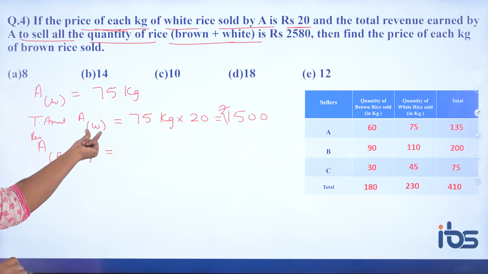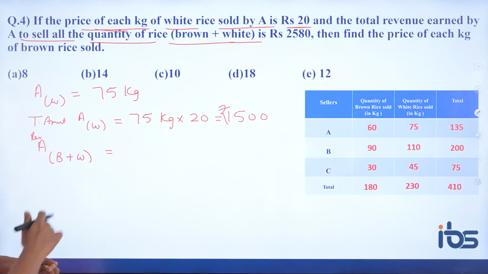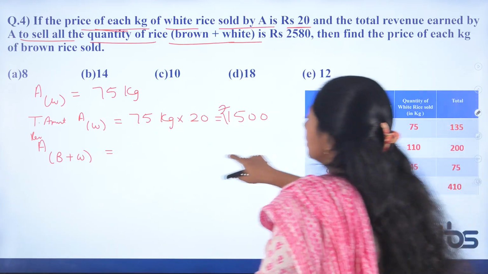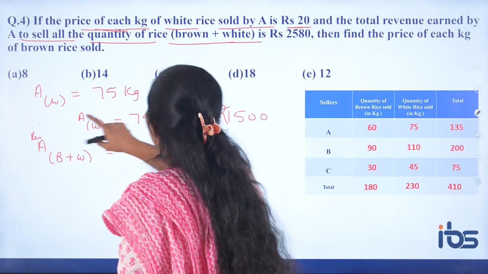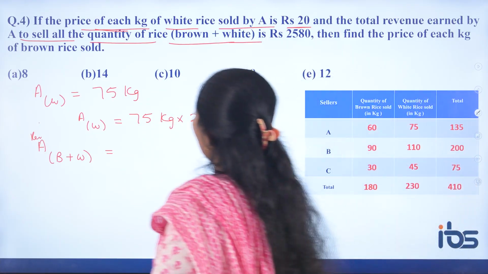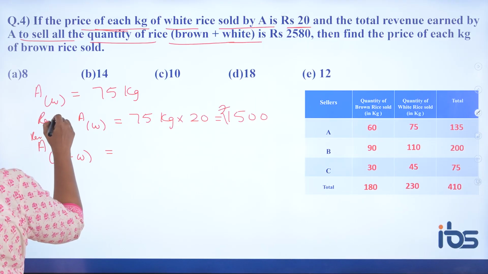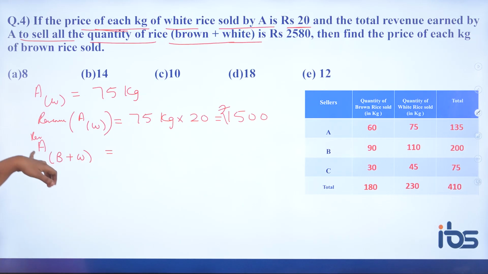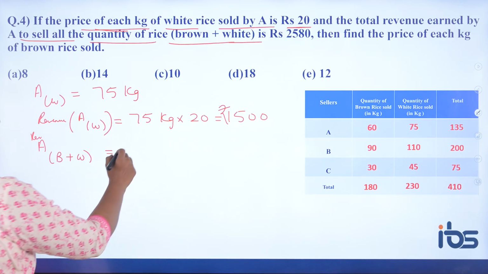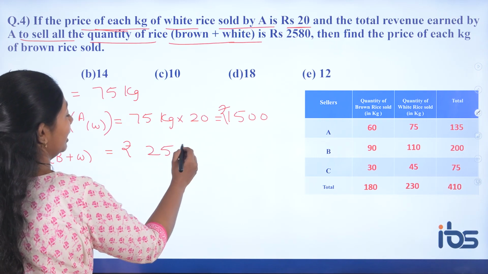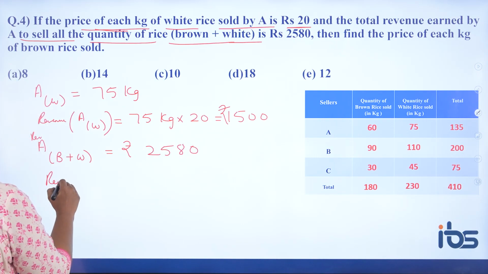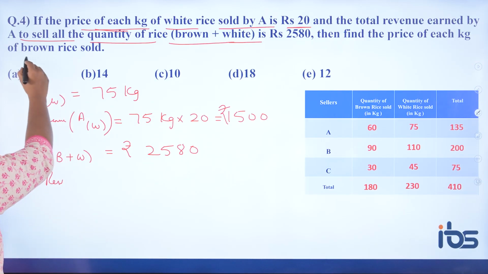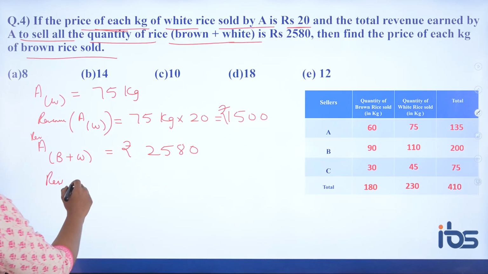From only selling white rice, he earned 1500 rupees. Revenue earned by A for selling the white rice is 1500. By selling both brown and white, it is rupees 2580. Then what is the revenue earned by selling only the brown rice? Then find the price of each kg of brown rice. So how much are we getting?